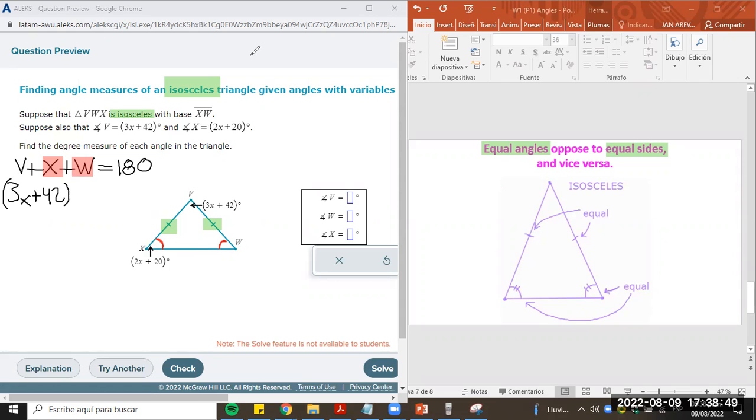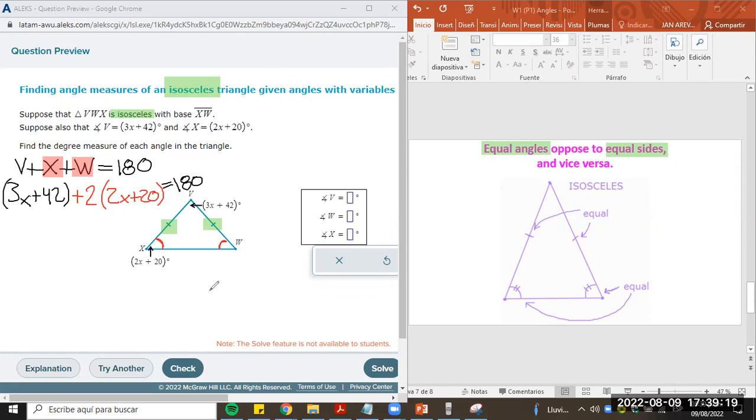And I'm going to jump right into writing down 2 times 2x plus 20, because we have 2 times the same thing, right? X and W. And that equals 180.